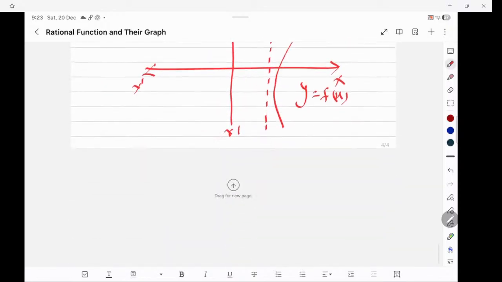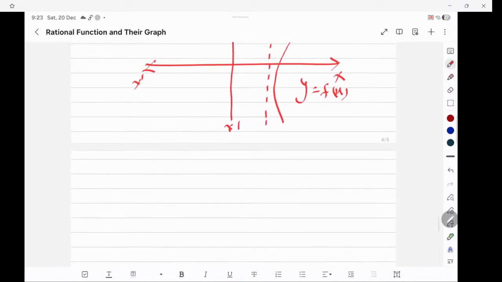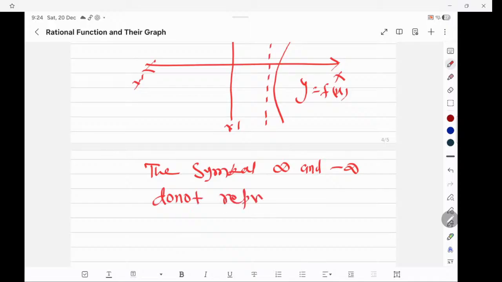The symbols infinity and minus infinity do not represent numbers.